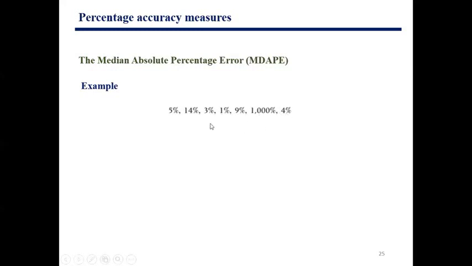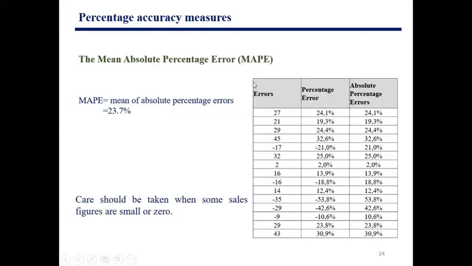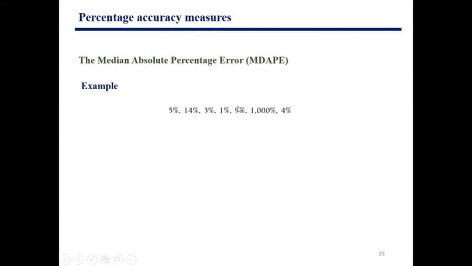If you calculate the average of these absolute percentage errors, you will have a very high value, and it will be biased because one of the weeks has a high absolute percentage error. So your MAPE will be very high.